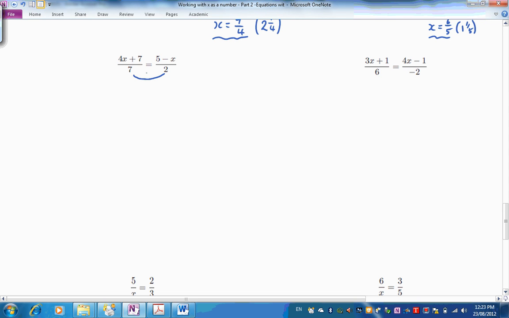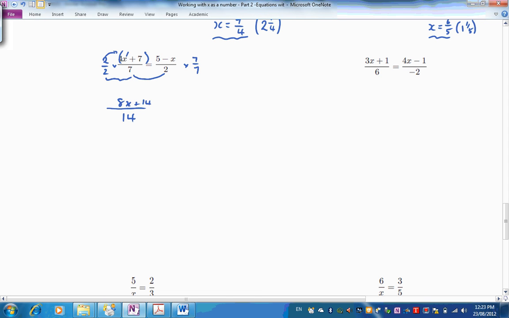Here we have a common denominator of 14. So to make that, we'll multiply top and bottom of this side by 2 and top and bottom of this side by 7. Let's have a look now. That produces 2 7s are 14. And in the top line, it's 2 by all of this, which is 8x plus 14.